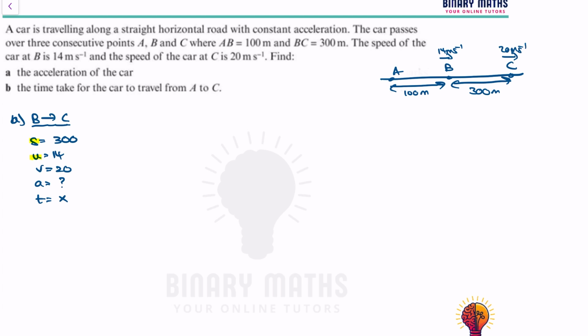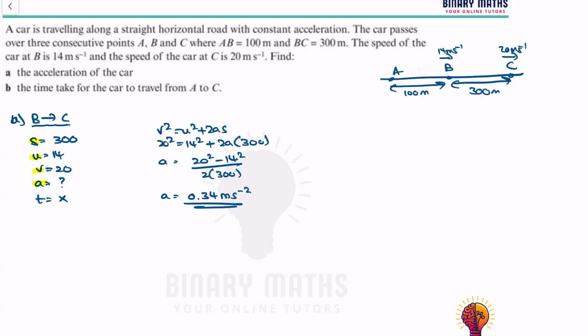So we got S, U, V, and A. So V squared is equal to U squared plus 2AS, which means 20 squared is equal to 14 squared plus 2A times 300, which means A will be equal to 20 squared, take away 14 squared, over 2 times 300, which means acceleration will be equal to 0.34 meters per second squared.